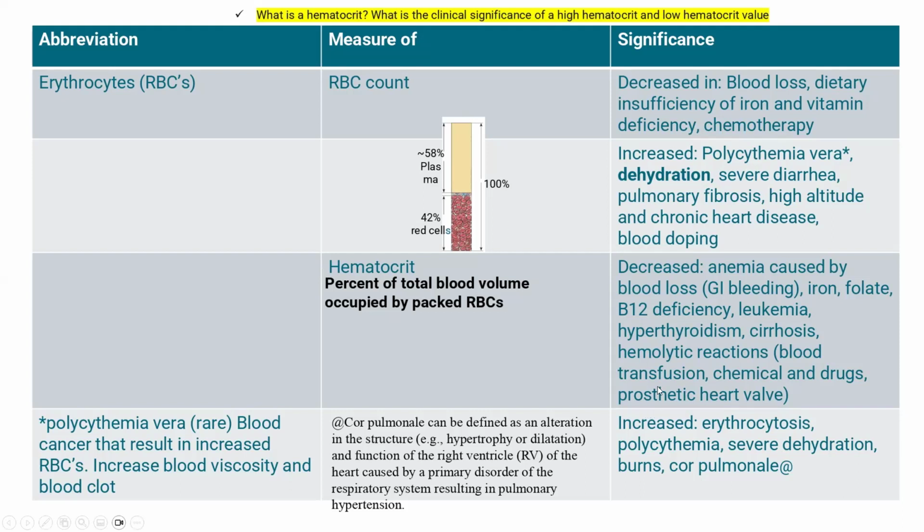Prosthetic heart valve. If somebody has a problem with one of the heart valves, how many valves do we have in our heart? Four: mitral, tricuspid, aortic, and pulmonic valve.